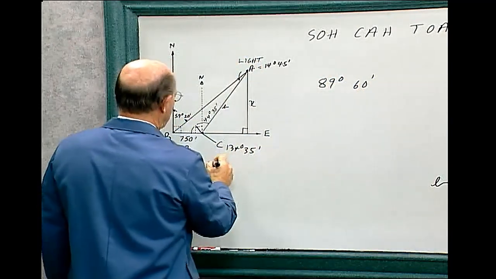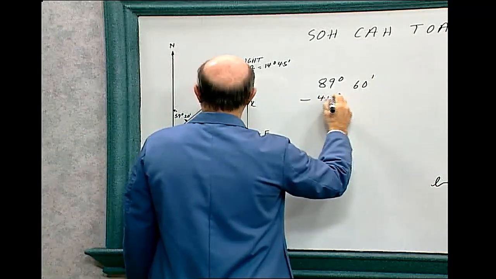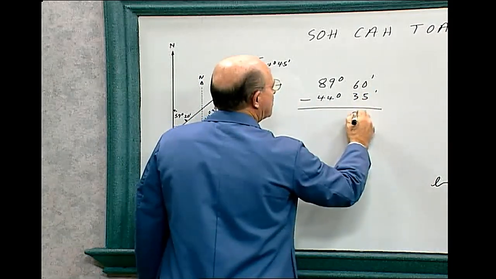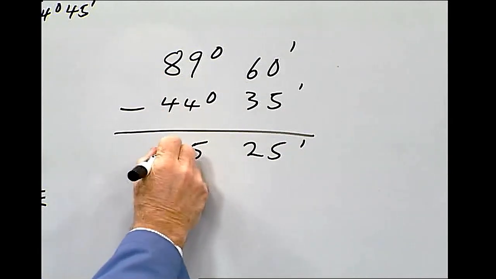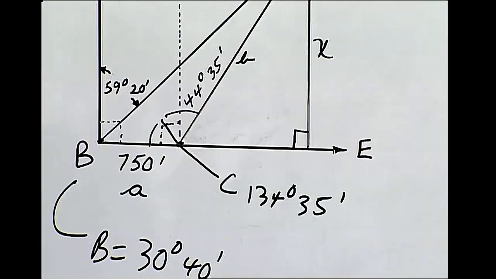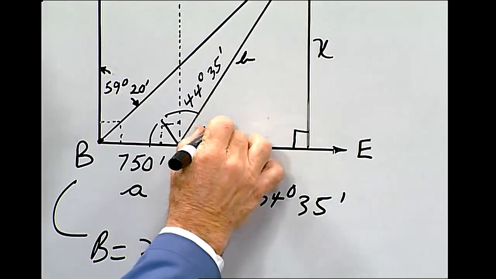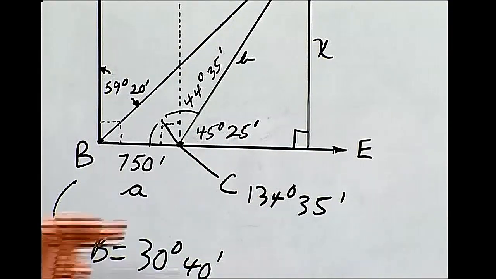And we have to deduct the 44 degrees and 35 minutes. And so this will be 25 minutes. And this will be 5, and this will be 4. So this angle is 45 degrees 25 minutes.